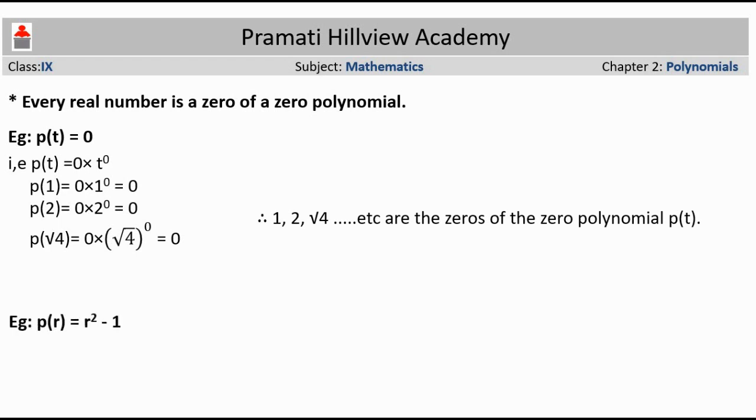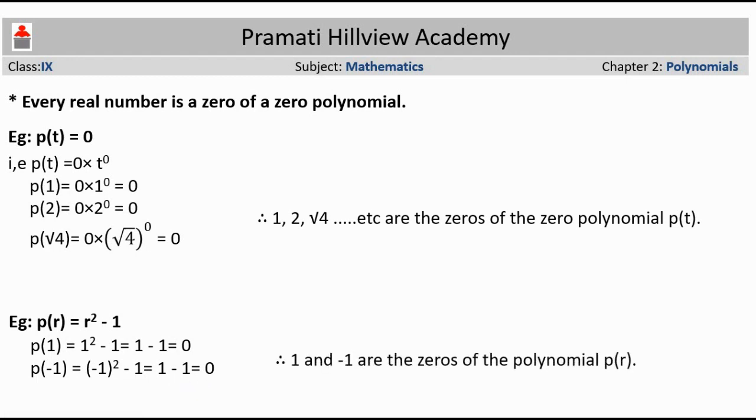Let's consider another polynomial p(r) = r squared minus 1. Here again, p(1) = 1 square minus 1, which is 1 minus 1, which is equal to 0, and p(minus 1) = (minus 1) whole square minus 1, which is 1 minus 1, which is equal to 0.